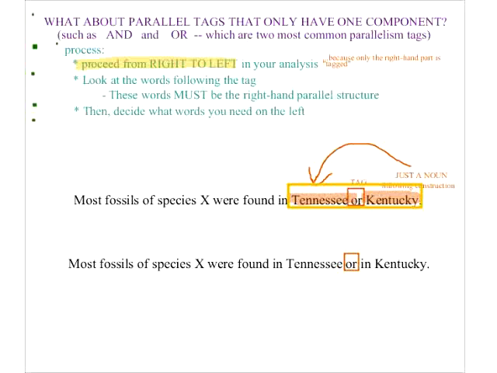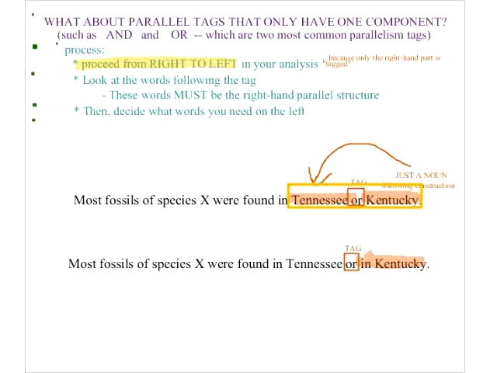In this case, what is the right-hand parallel structure in this sentence? What is tagged by or in this sentence? Indicate in the text box. Okay, in this part, the right-hand parallel structure is in Kentucky. Again, you have to count all of those words because they follow the tag, because they follow or.